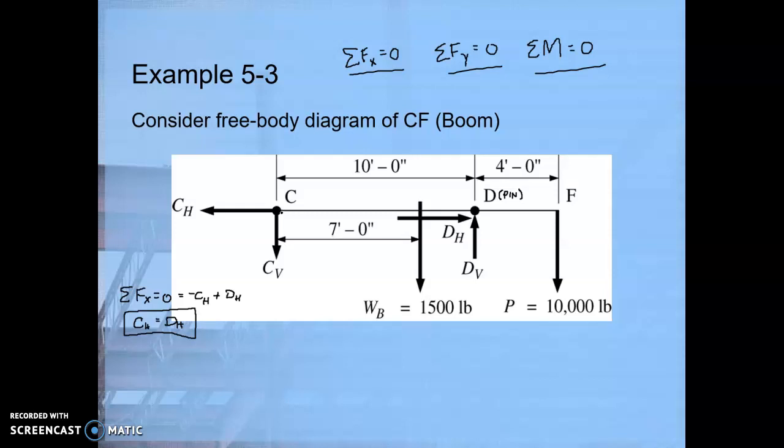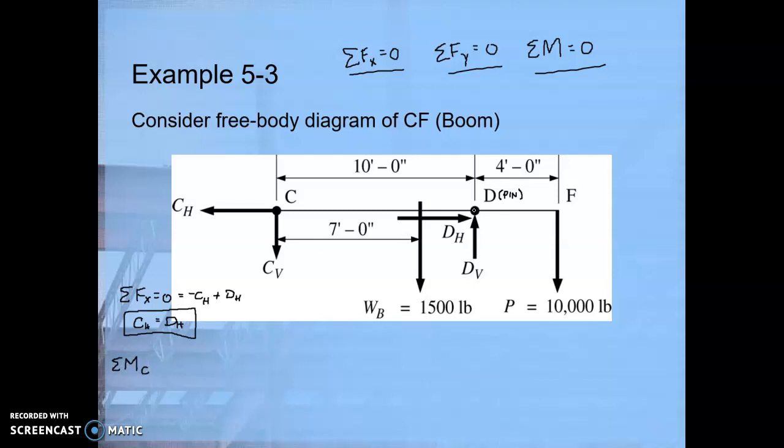That means if I were to sum the moments about one of these points, for instance, sum the moments about C, that takes CV out of the equation. CV does not cause a moment because it actually passes through joint C if we sum the moments about C. So that would leave just one unknown. So I'm going to sum the moments about C.